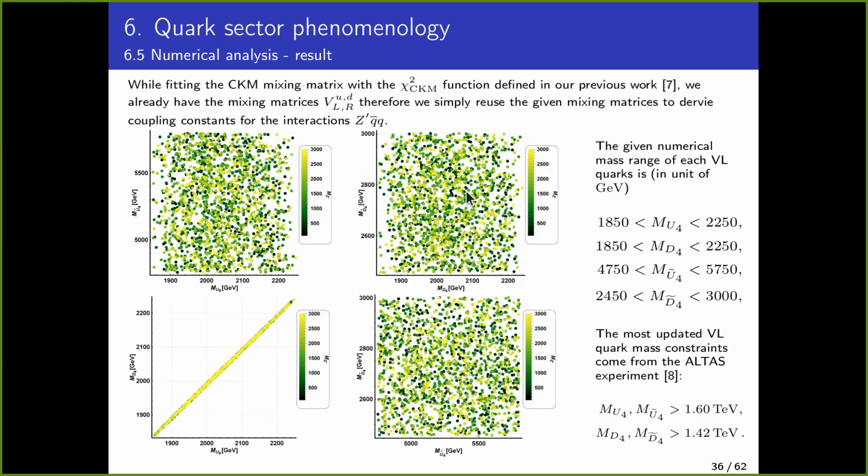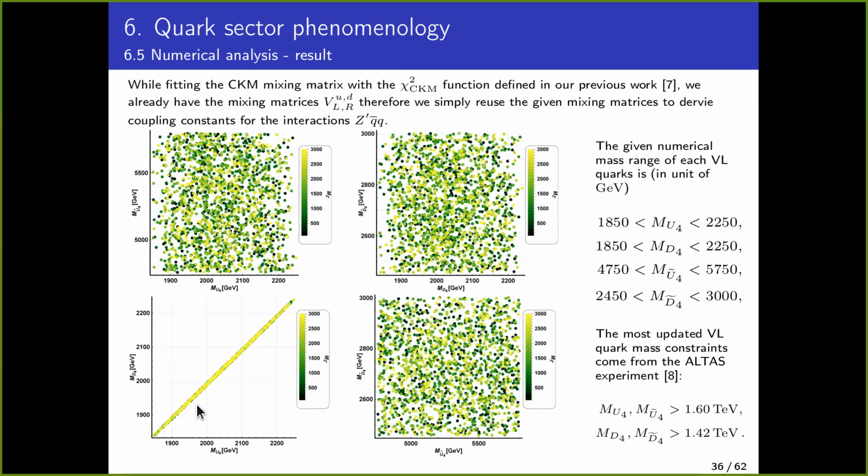If you take a look at all the plots, here the x-axis is the doublet up-type vectorlike quark, whereas the y-axis is the singlet up-type quark. Similarly, this is the doublet down-type vectorlike quark, and this is the singlet vectorlike down-type quark.